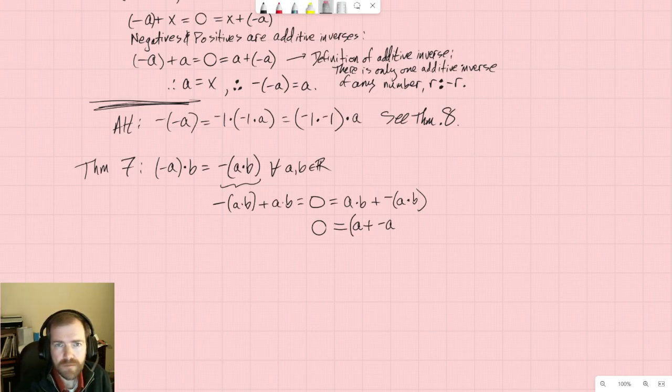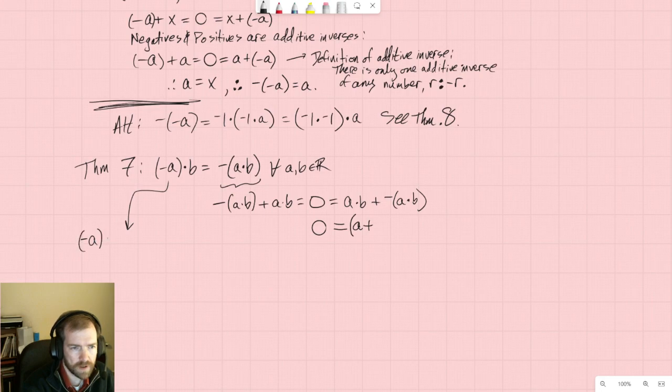Not yet, because we haven't isolated the negative to just A by itself. Can do it here, though. So if we say that negative A times B, and then left add A times B, equals negative parentheses A times B with left addition of A times B.